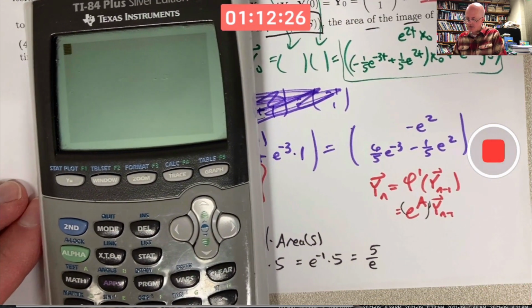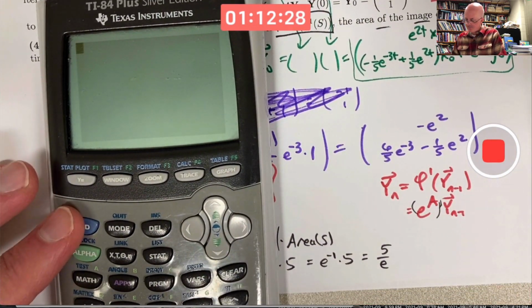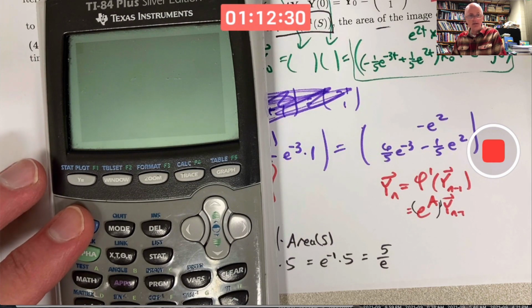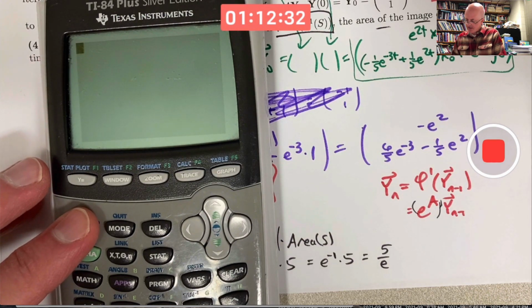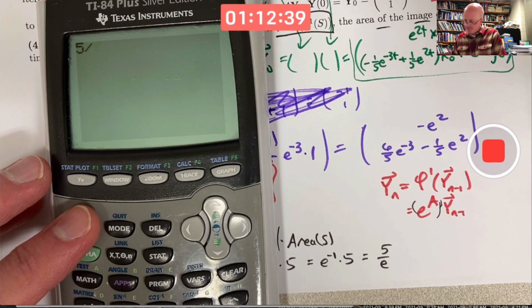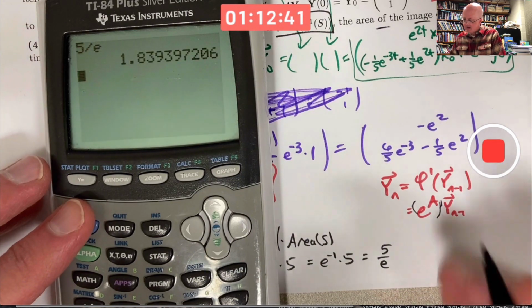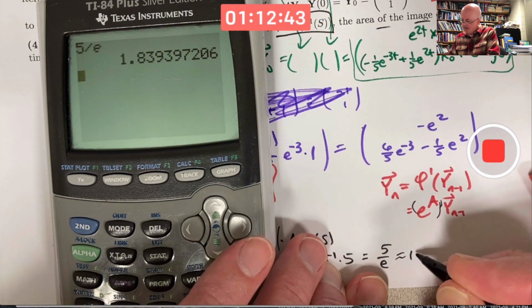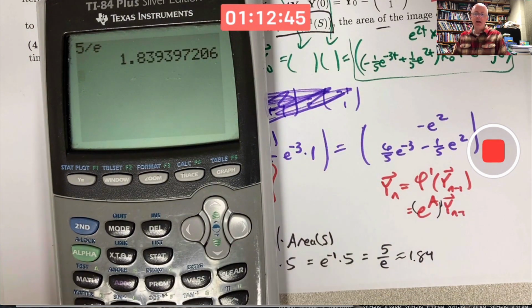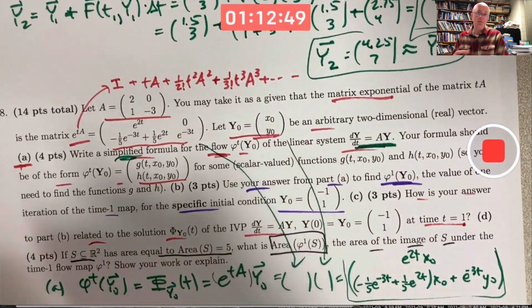It makes the area smaller. This is compressing areas, which is kind of interesting to think about, actually, because the eigenvalues of the original system are 2 and negative 3, one positive, one negative.